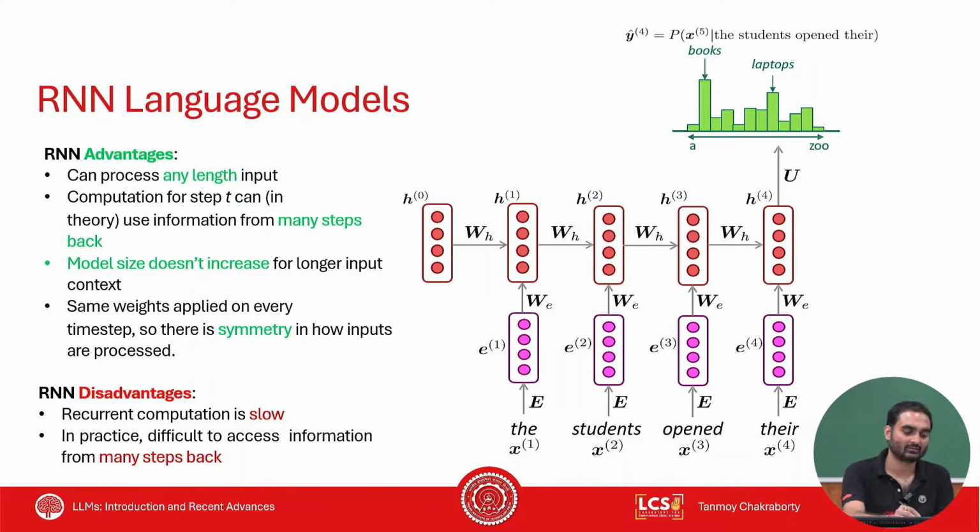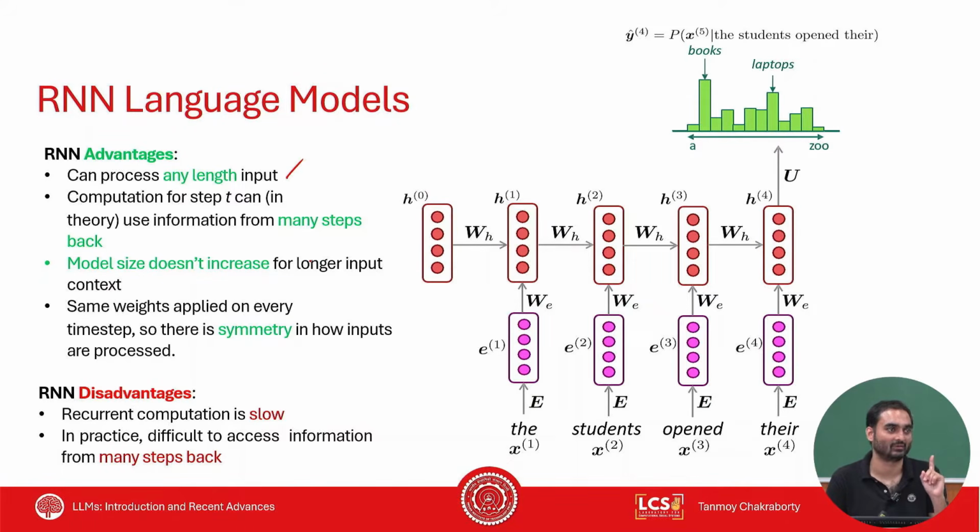Advantage: it can ideally process a context of any length. It doesn't depend on the context length at all, as I mentioned. Ideally, it can also capture things which are far from each other. Long distance relations can also be captured.